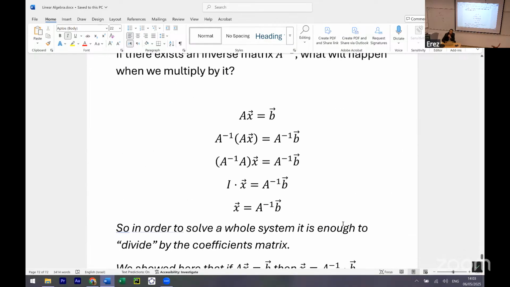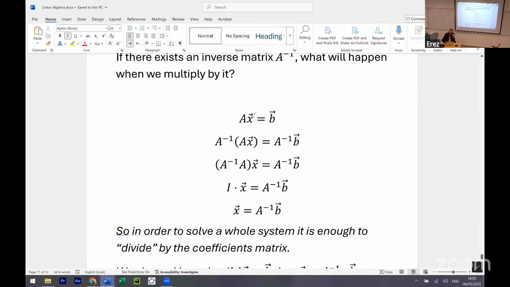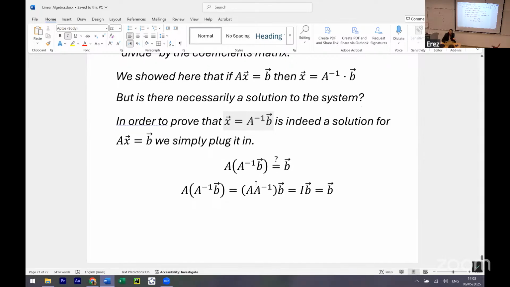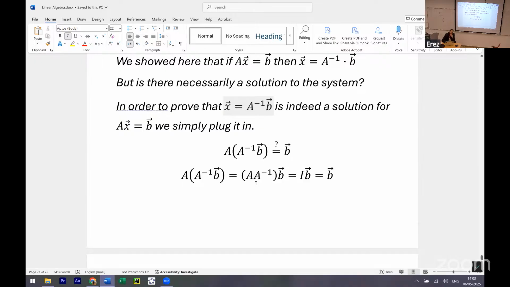I've shown that if there is a solution, it must be this, and I've shown that this is indeed a solution. I meant the general case of matrices, not systems of equations. But general case of what? Every matrix can be interpreted as a system of equations, but still, the claim here is about systems of equations.